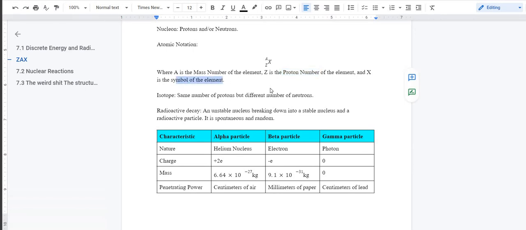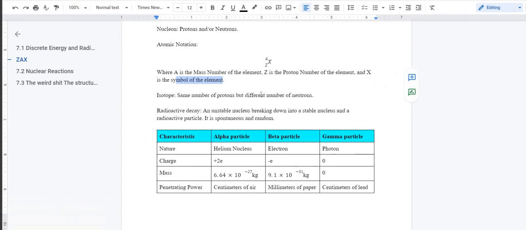For example, hydrogen in atomic notation would be H, 1, 1, because it has one proton, so Z is 1. H is the symbol of hydrogen. The nucleus consists of one proton and 0 neutrons, so its mass number is going to be 1.